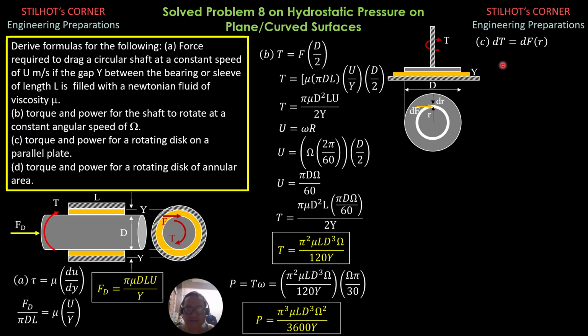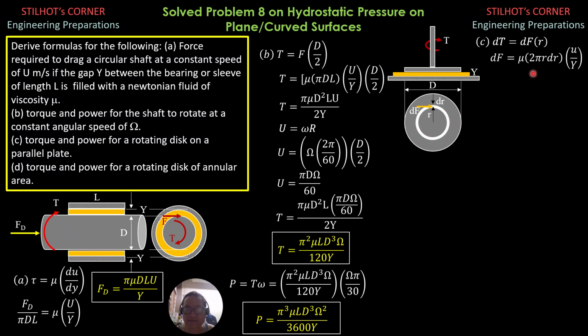So differential torque equals dF times r. dF again is viscosity times shear area, which is this 2 pi r dr, then small u over capital Y, instead of capital U over Y, because u occurs here tangent to this circular ring.